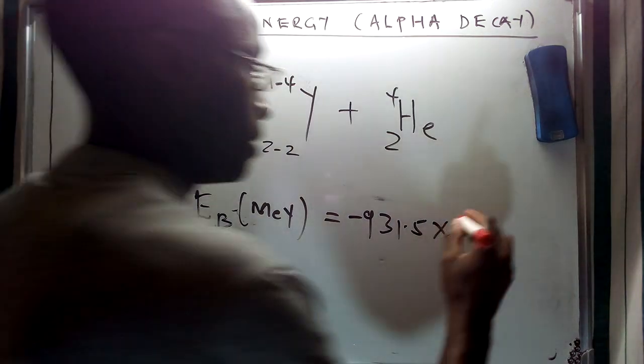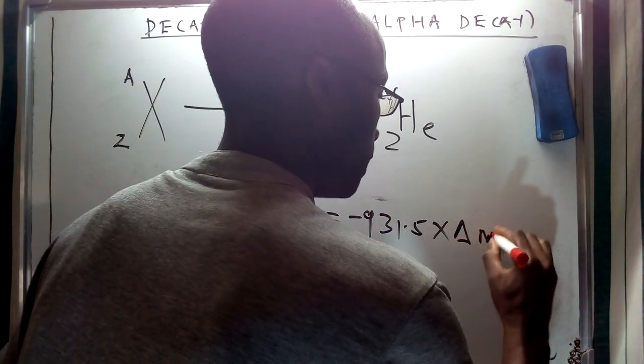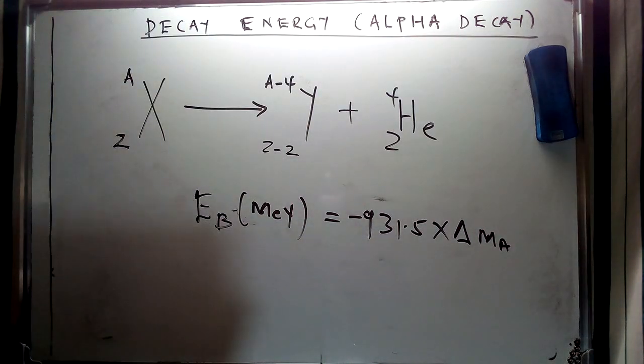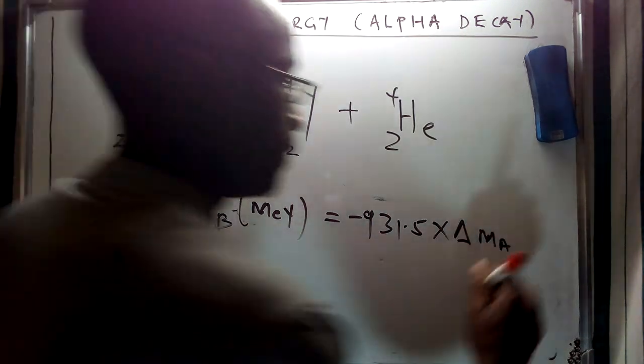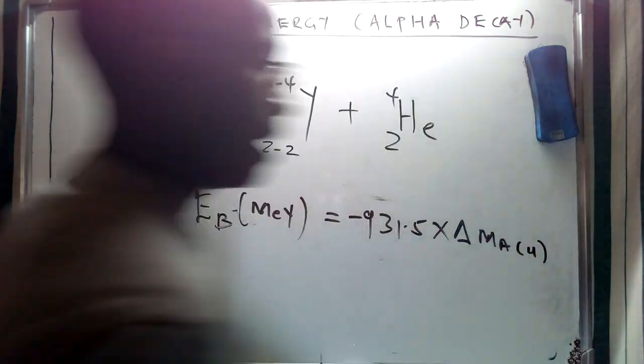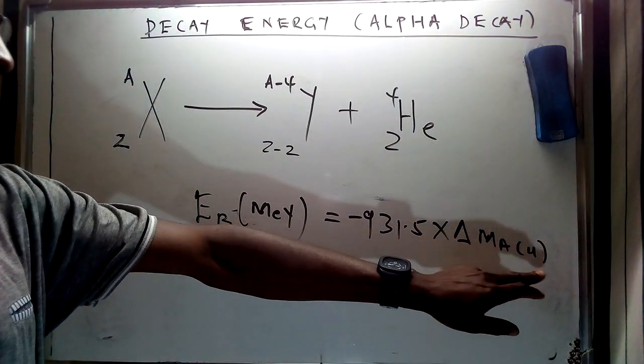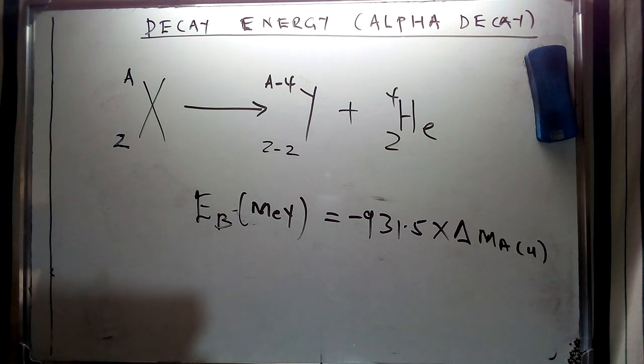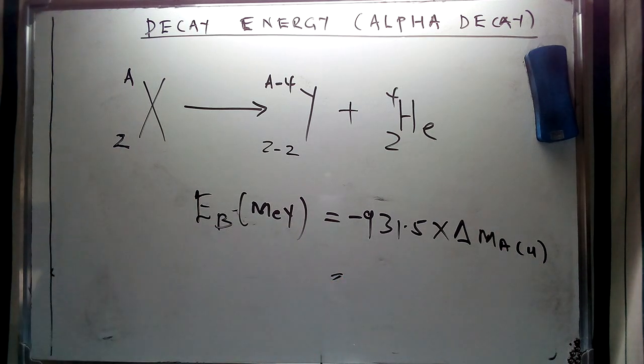So this is equivalent to the product of one atomic mass unit and the change in mass of that atom, given in terms of atomic mass units. This value was given in mega electron volts, as I said in my previous mention in this discussion.